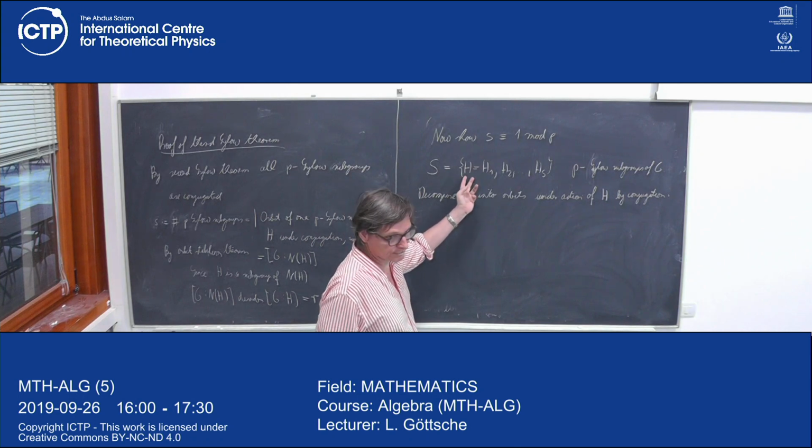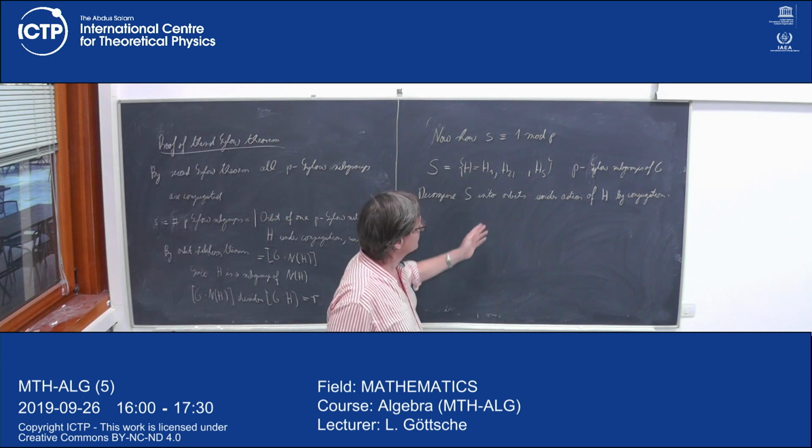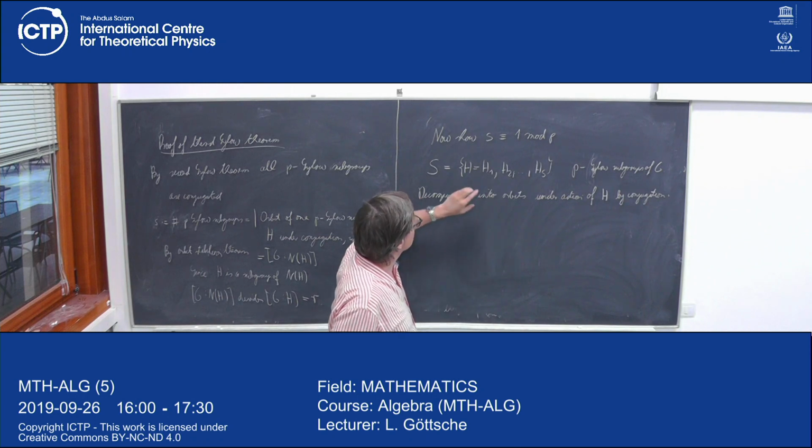Nothing happens if we conjugate it with itself. But the claim is that this is the only time when the number of elements in the orbit is not divisible by P.